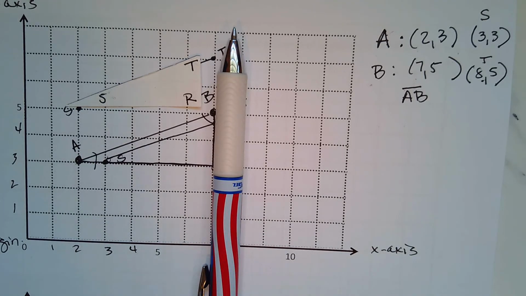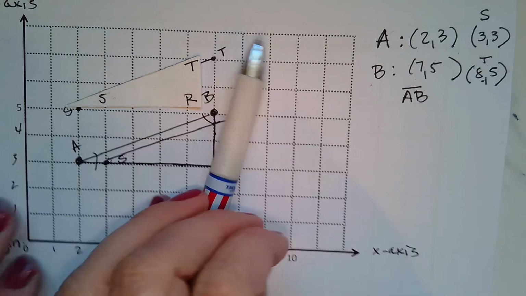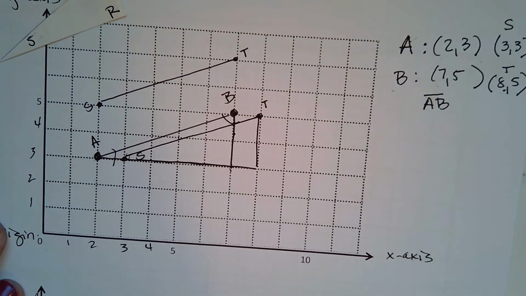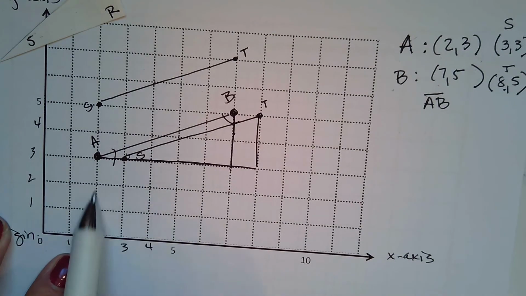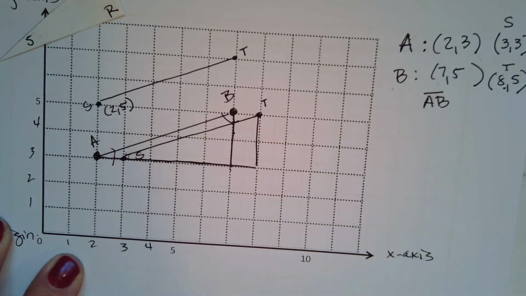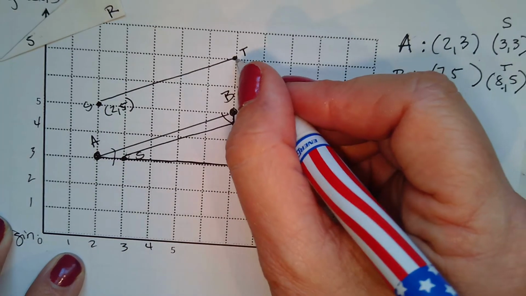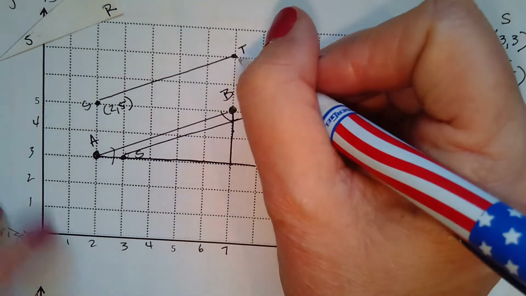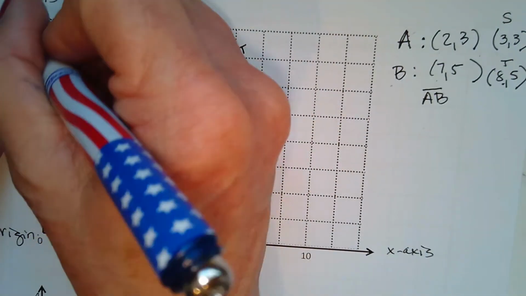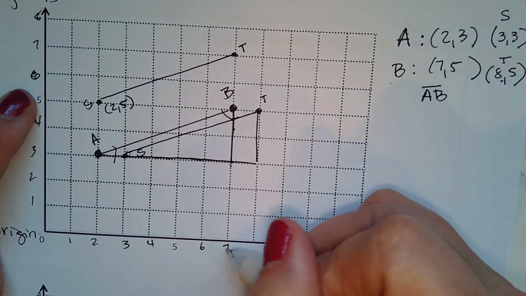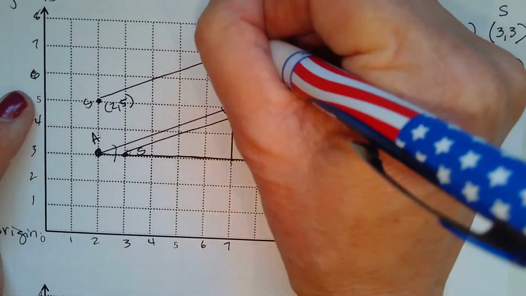So what coordinates does the vertex S touch? Well, now it's 2, 5, right? And then what's the vertex of T? It's now 7, 7.